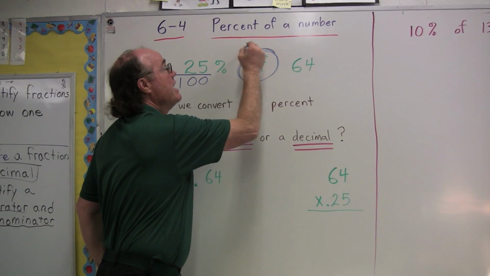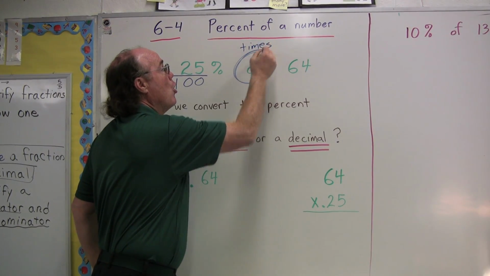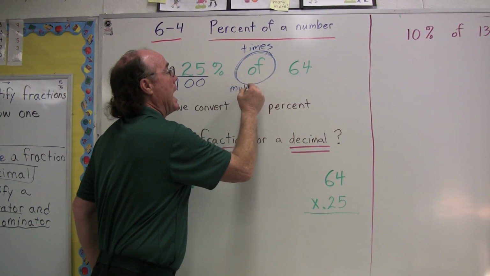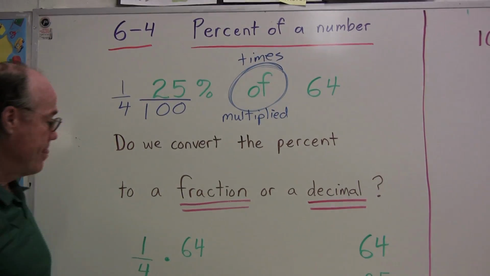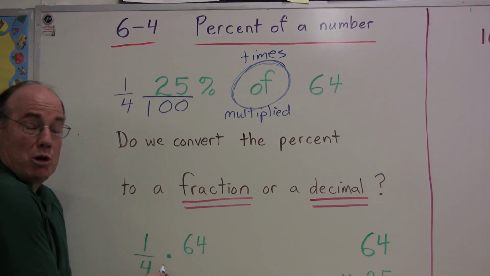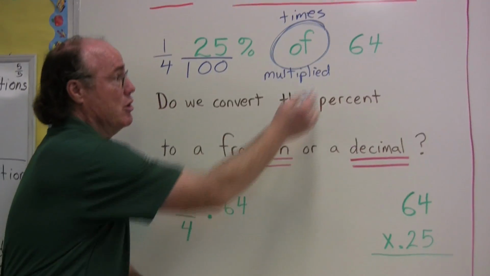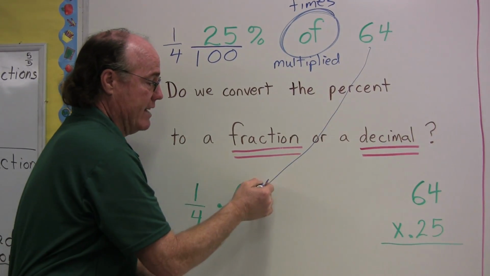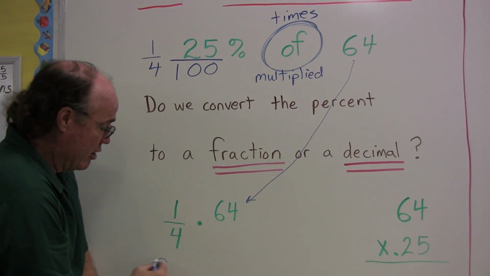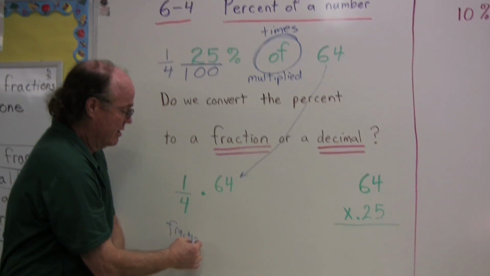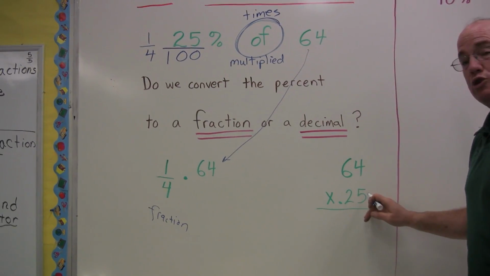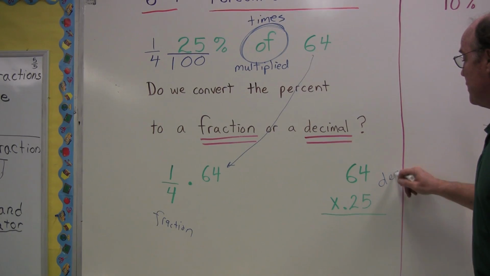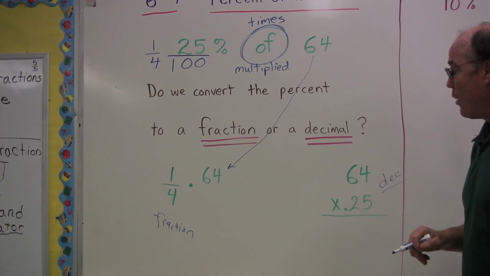Of means times or multiplied by. Okay? All right. So here's our multiplication sign. We bring the 64 right down here. So here's the fraction. Now the decimal, we know, is 0.25. So here's the decimal. All right?